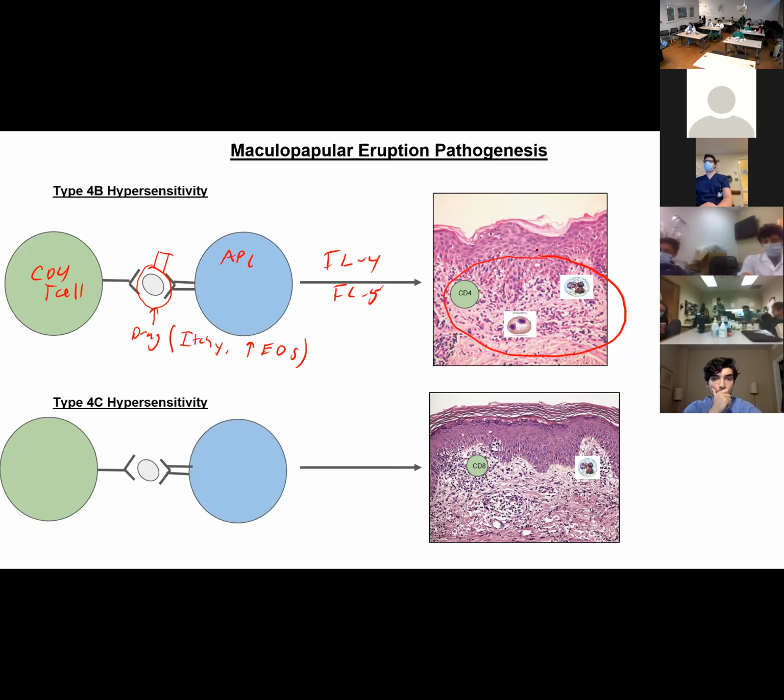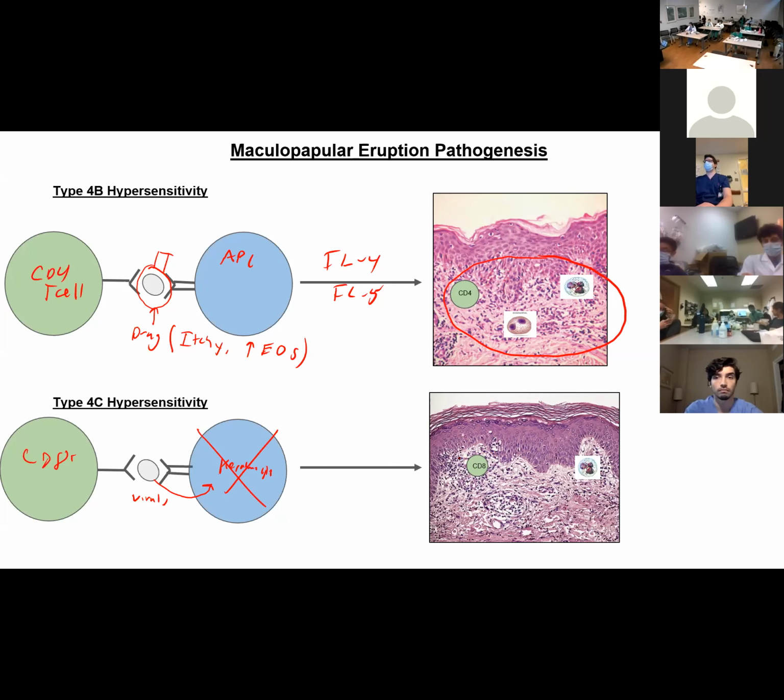Viral eruptions are a little bit different. Usually viruses cause the keratinocyte itself to take up the antigen, and then a CD8 cell, your cytotoxic T cells, go and destroy those keratinocytes.